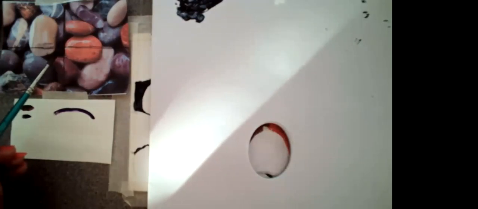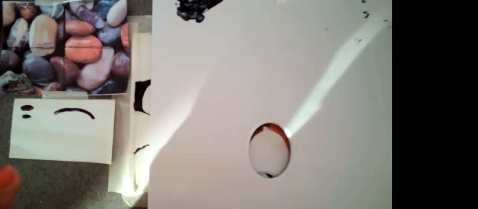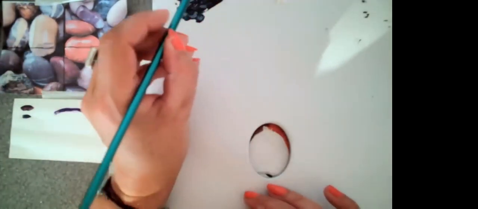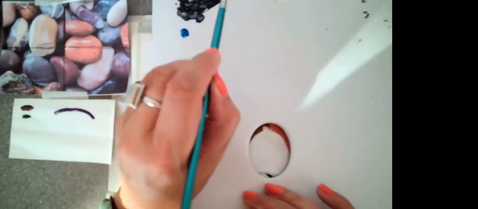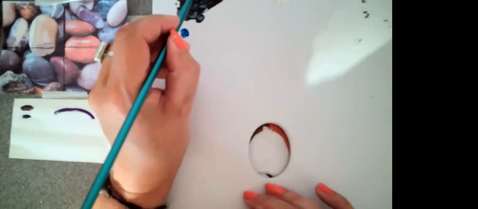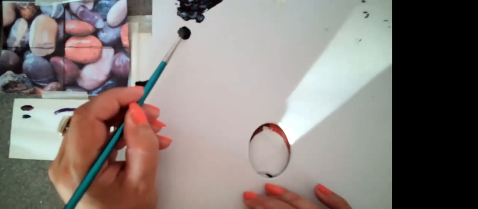So I'm looking at all these bits between the gaps first, thinking what have we got in here. Some of these are almost a bit of a bluey colour, so I'm going to take a little bit of my blue, and I'm still taking a little bit of my brown as well, because it's still very dark in between there.